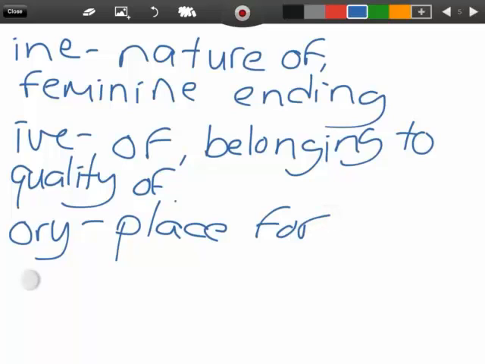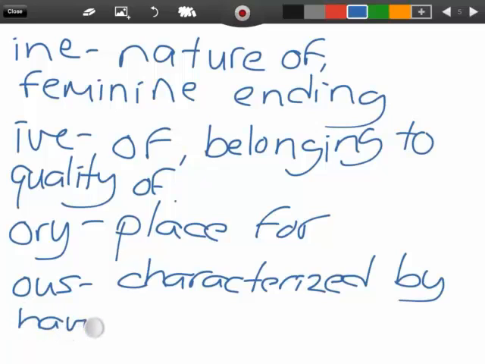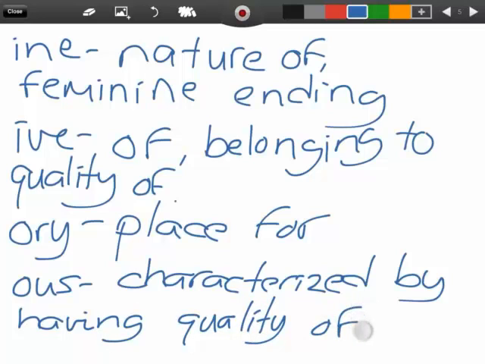Moving on to my next suffix is ous, and ous means characterized by, or having quality of. Now let's go ahead and look at this suffix here, ous.